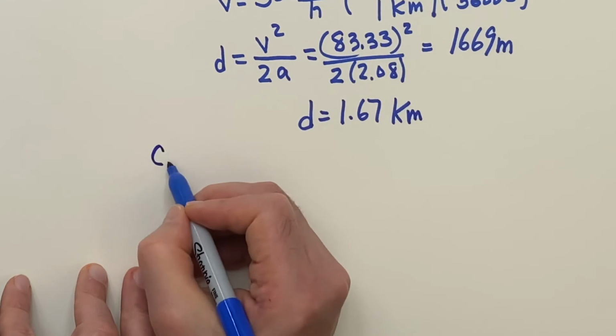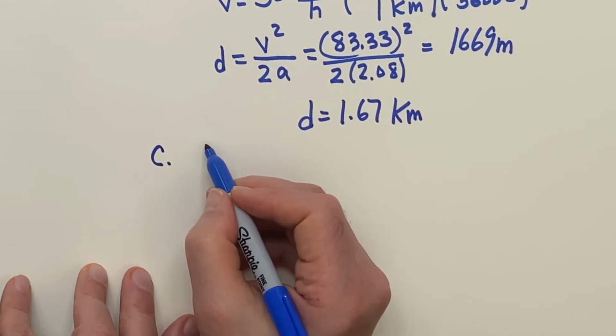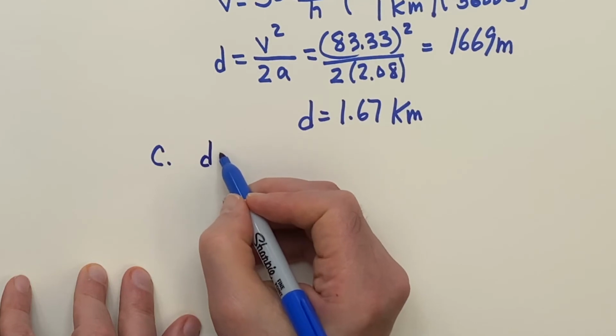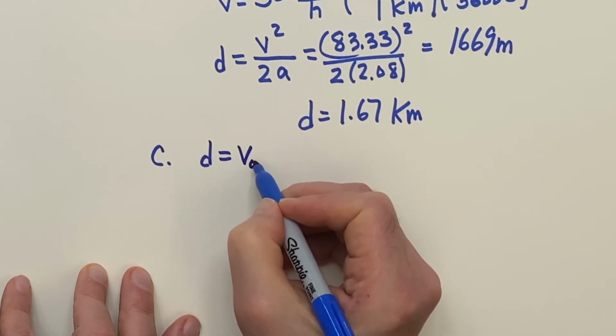And then for the third thing, the time to cover half the distance, well, since I have distance and the acceleration, here's where you can often use different approaches, different equations, and play around.